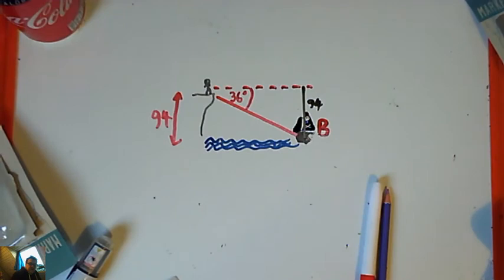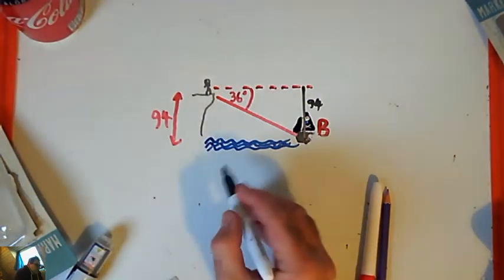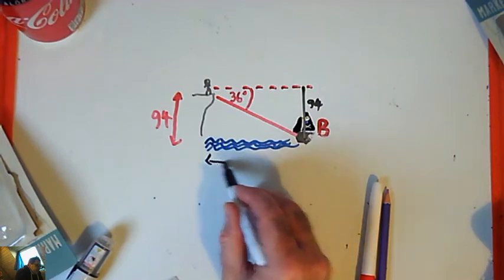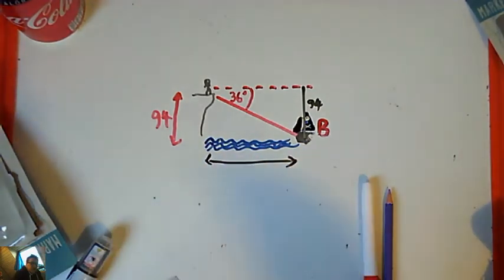I've just got to click on the thing to remind myself what we're trying to find out. How far is the cliff from the boat? Okay, so how far is the cliff from the boat means at the nearest point along the ground.